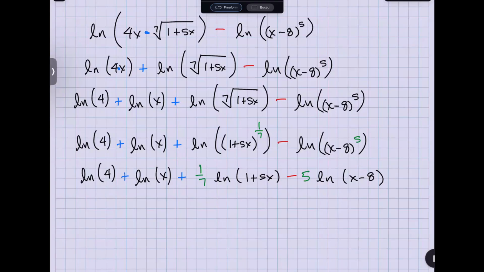Anything else? Number 9. Switch x and y, and solve for y again. That's it. Are we okay with that?